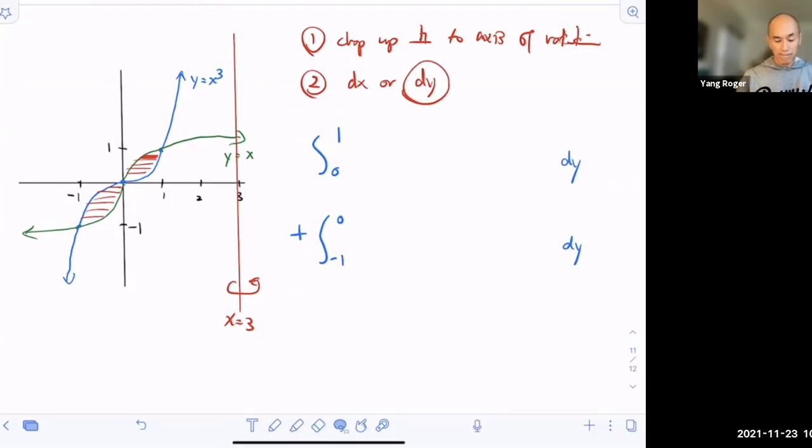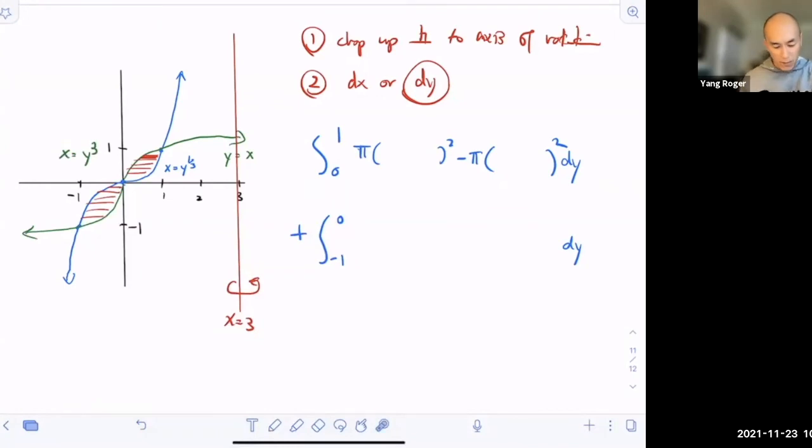Next, I know that it's going to be pi R big squared minus pi R small squared. R big will be the distance from here to here. I really should have relabeled these guys a long time ago. The blue graph is x equal to y to the 1/3 power, and the green graph was x equal to y cubed.